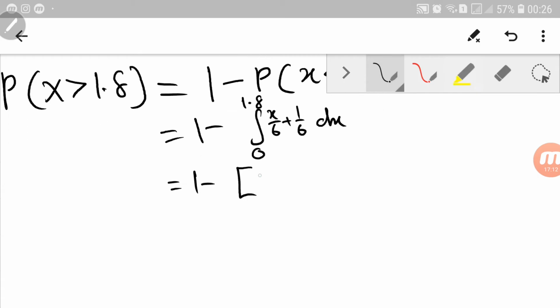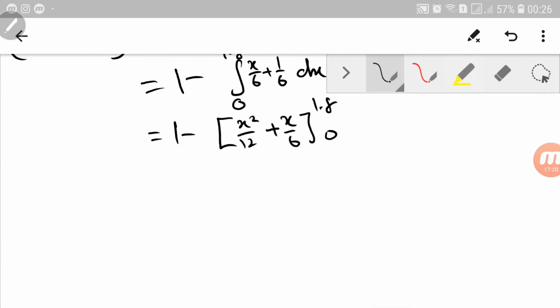So 1 minus the integral of x squared over 12 plus x over 6, from 0 to 1.8. Let me calculate with my calculator.